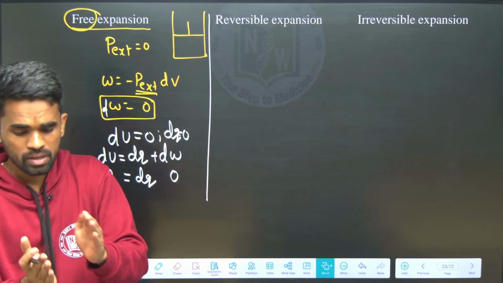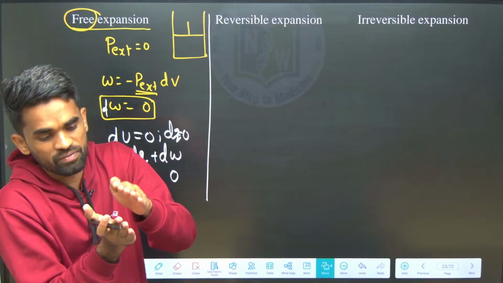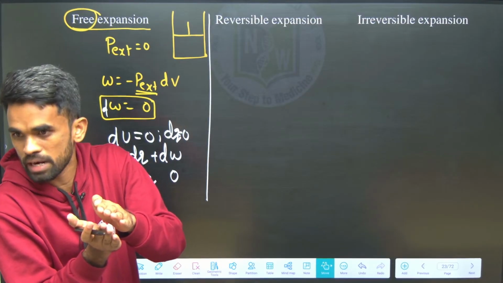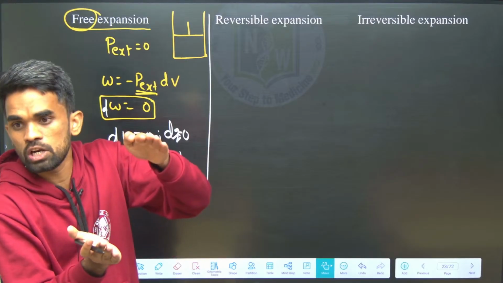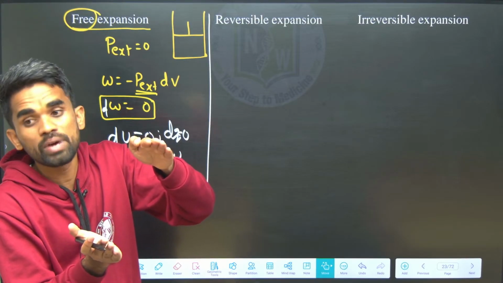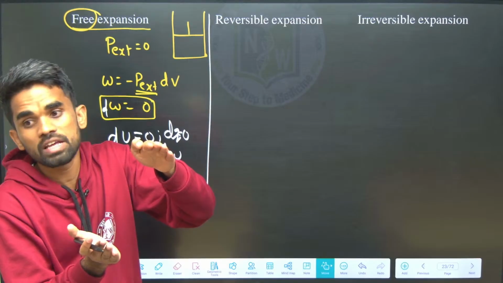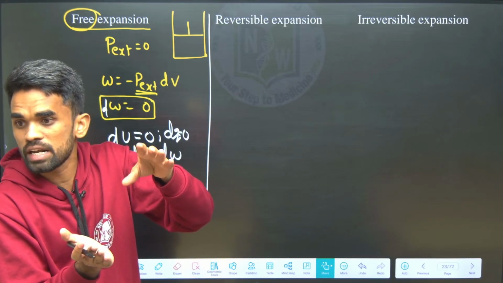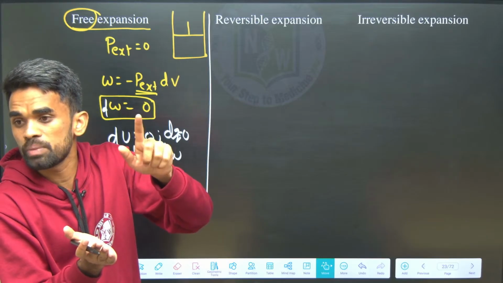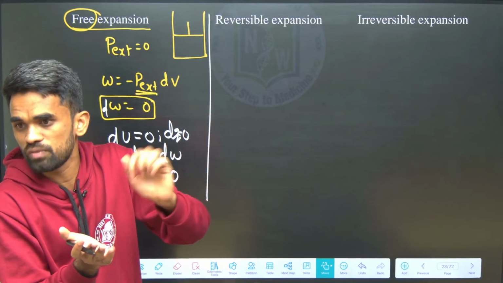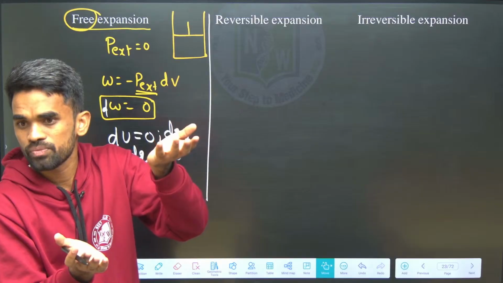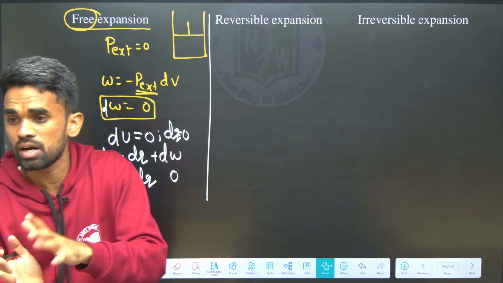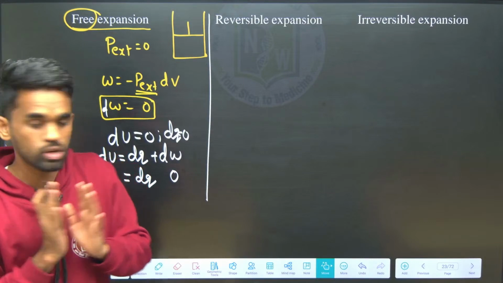Just remember, if I keep gas molecules in a very closed container, they will be closely packed. If I increase the volume, their movement will be more, so randomly they will move here and there. So randomness is increasing, disorderliness is increasing. Entropy is nothing but a measure of disorderliness, so entropy also increases. For expansion, what happens to the entropy? It increases. You can remember that.